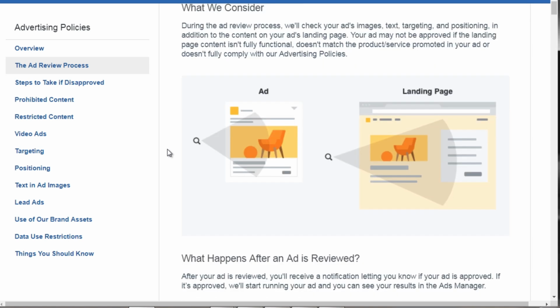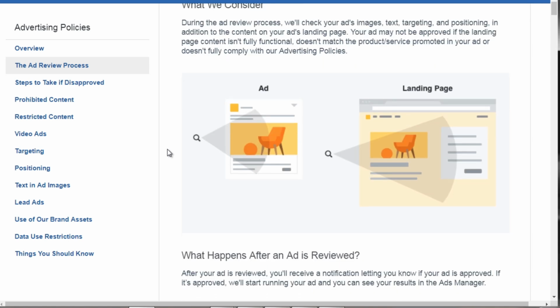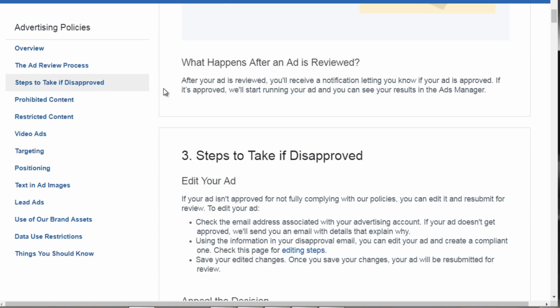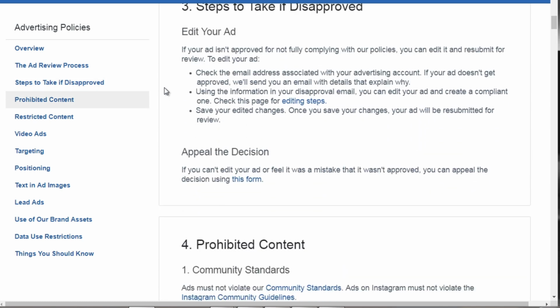But over time, you might be getting a manual review, which means an actual human may be reviewing your ad. Now, sometimes if you get your ads disapproved and you know you've read through and you've complied with those rules, then you can request a manual review, or you can contact them via support as well. So make sure you read through it is basically the gist of this video.